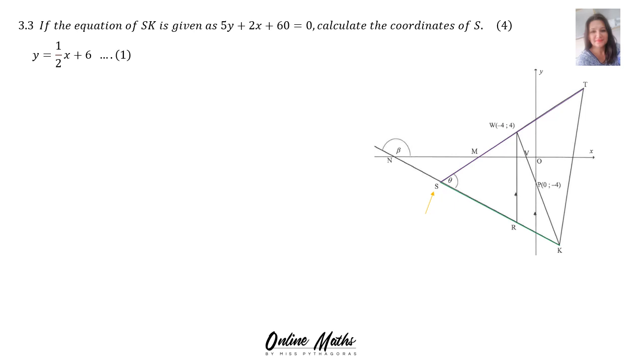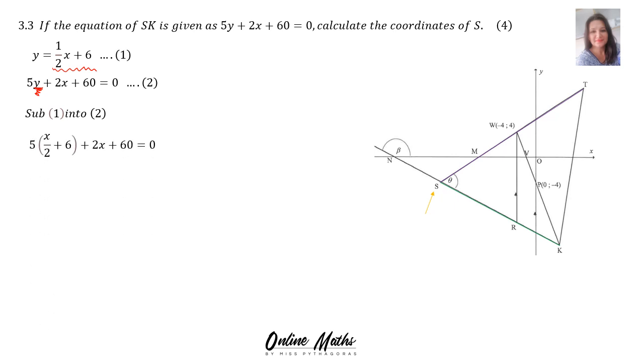So there we've got line ST's equation, y equals half x plus 6, and you label that one number 1. And the other one, SK, that was given to you, you label number 2. Then you are going to substitute number 1 into number 2. Just where you see y, you substitute half x plus 6. And there I did it for you.